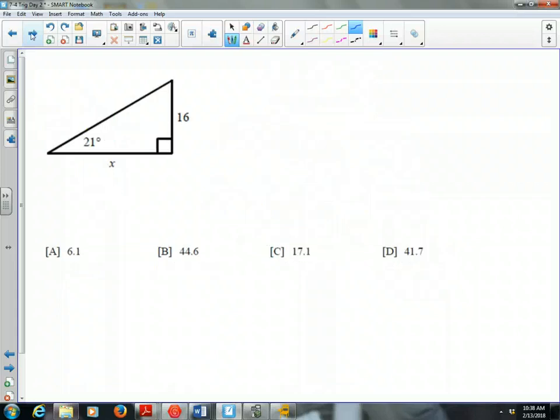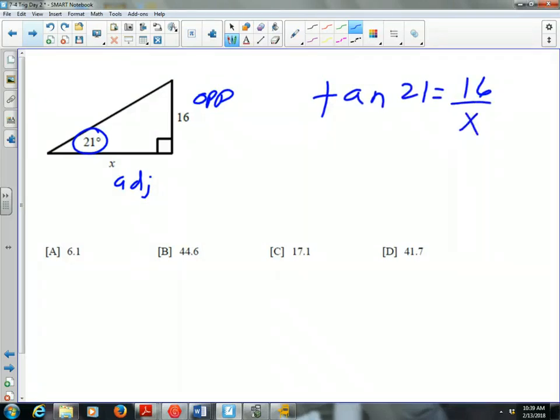Here's what you should have done. You should have gotten opposite and adjacent, which is the tangent. So the tangent of 21 equals opposite over adjacent. And then hopefully you saw that if you tried to cross multiply these, you'd get stuck. So instead of cross multiplying them, that's where you change this to move into the denominator and change this into the numerator.